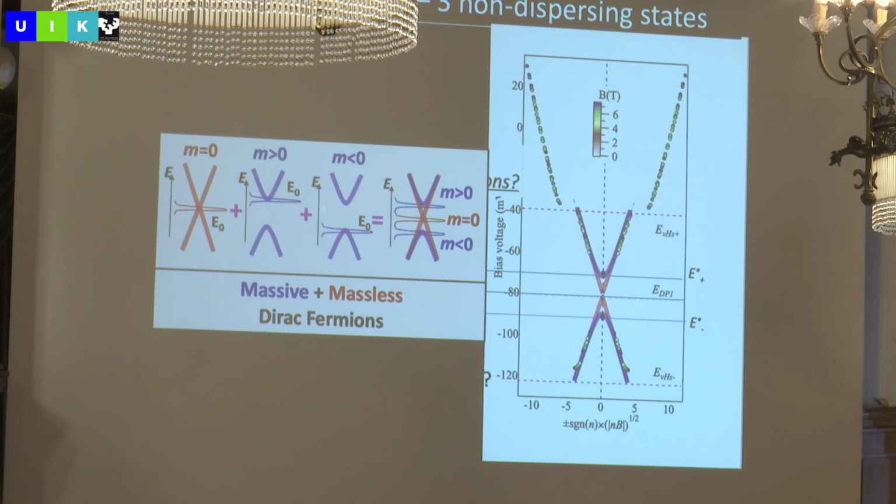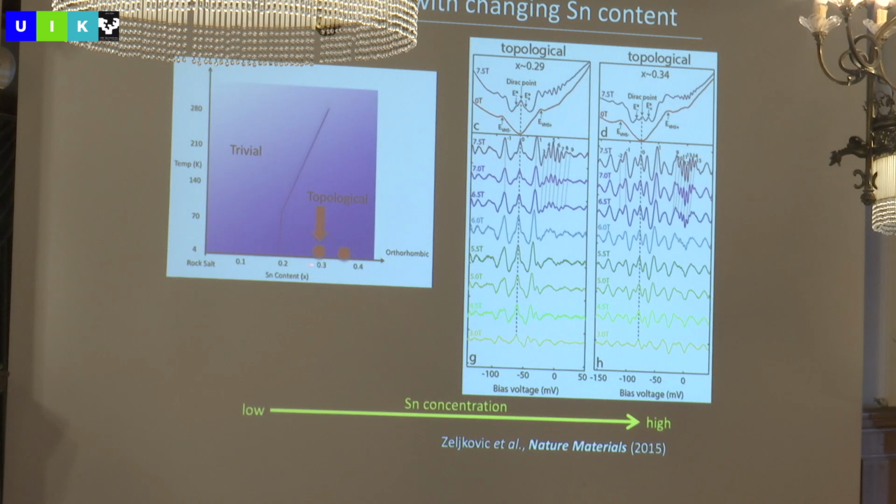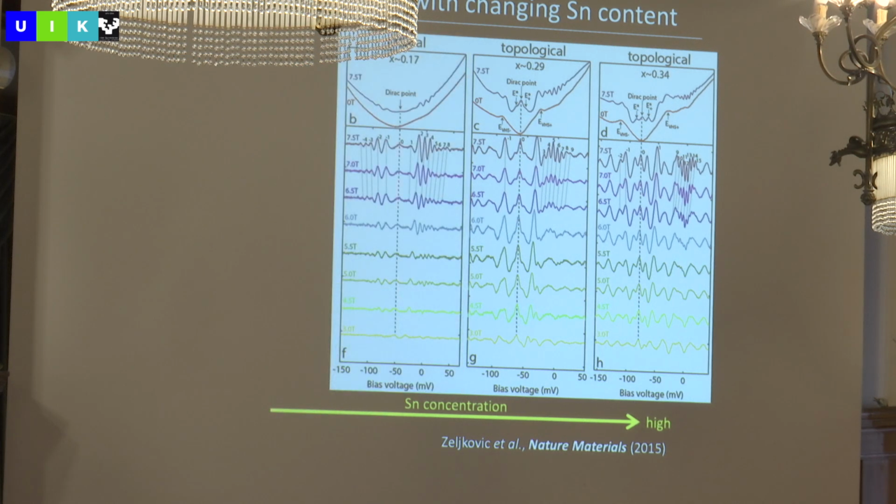Okay. So now let's ask what happens as a function of doping when we go from topological to trivial. So here's the topological phase. This is the data I showed you. And this is also topological. Now I'll plot the dispersion in a second. This is the critical point.